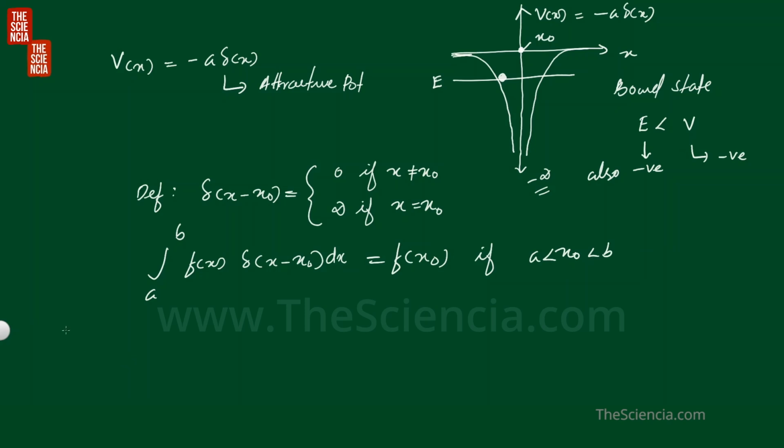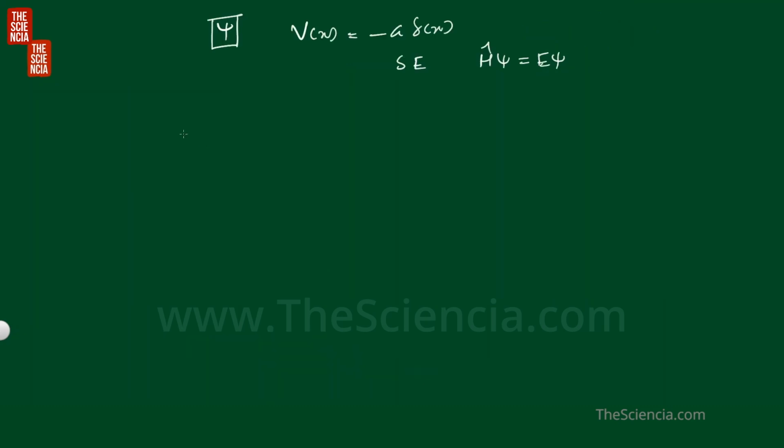Now we are going to find out the corresponding wave function psi for this particle. So this particle is in a potential, that is V of x is equal to minus a delta of x. And we know the Schrodinger equation is H psi is equal to E psi. And we can expand this Schrodinger equation, that is del square psi plus 2m by h cross square (E minus V) into psi equal to 0.